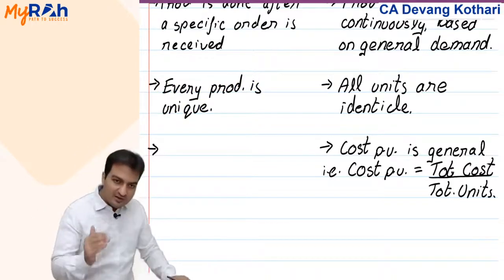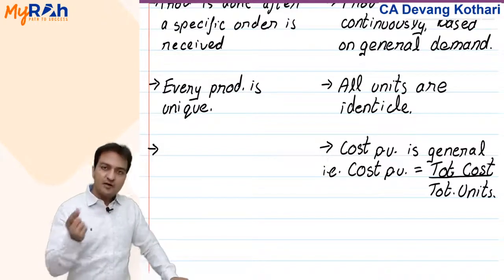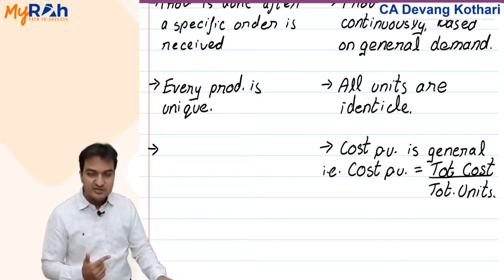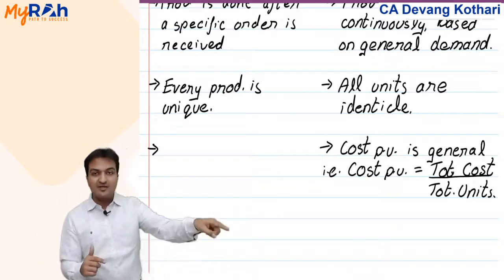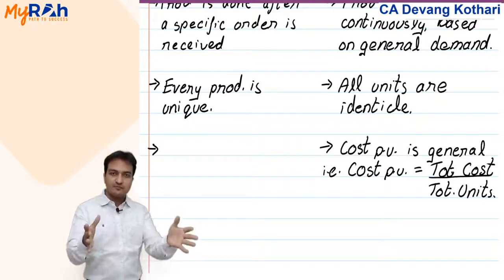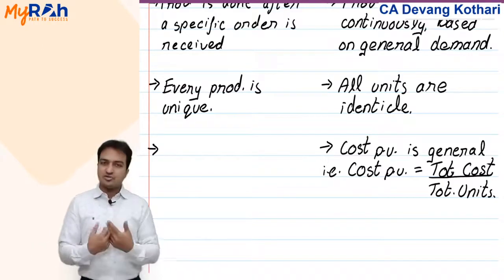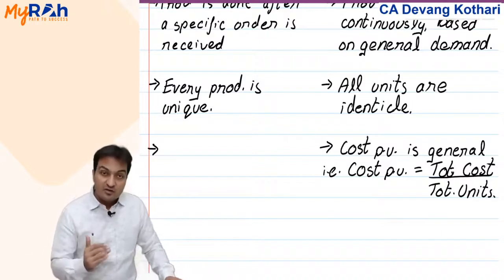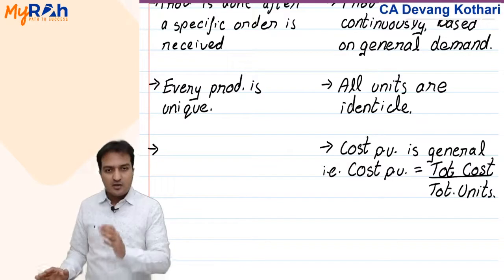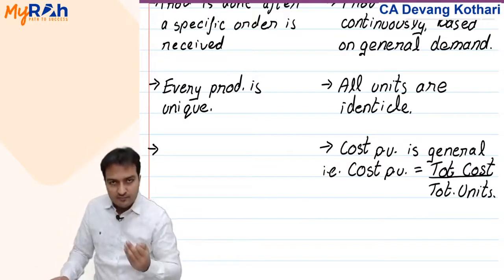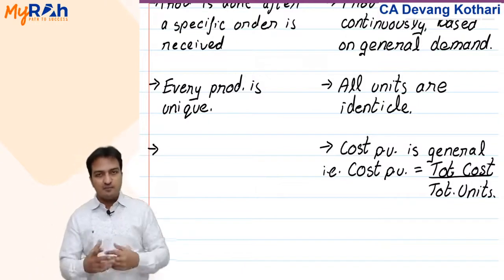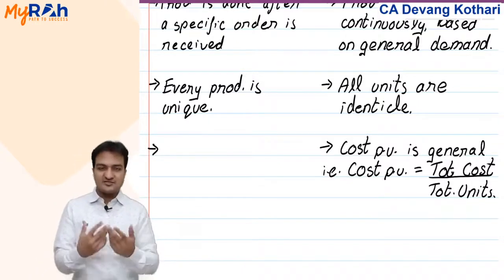For every order that he gets, he needs to separately find cost per unit, add a profit, and set a selling price. If you give me an order for stitching a sherwani, then after that your friend gives me an order for stitching a sherwani, will I be quoting the same selling price to both? No. I will not have a general selling price for all. I will not even have a selling price decided at the beginning of the year. Rather, every time I get a fresh order, I have to study that order and decide a selling price for each order separately.